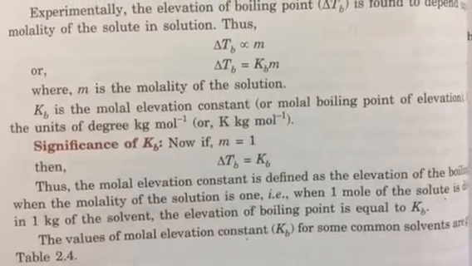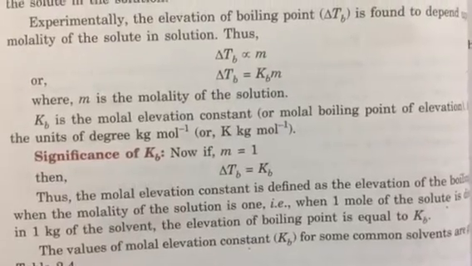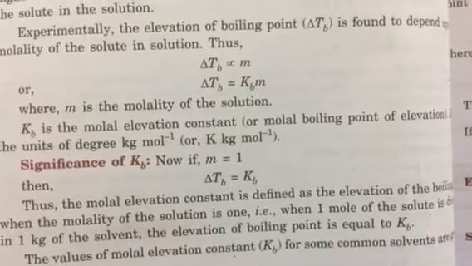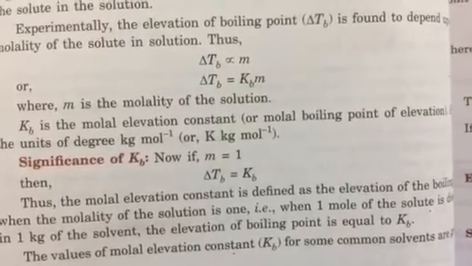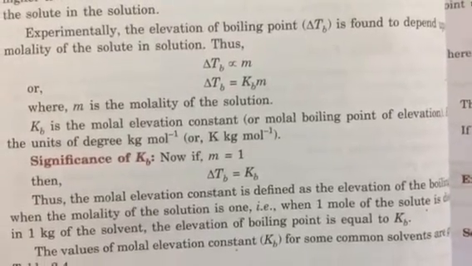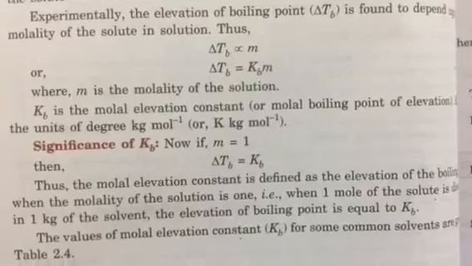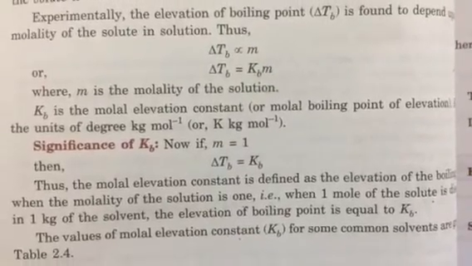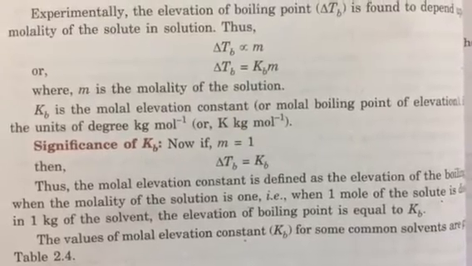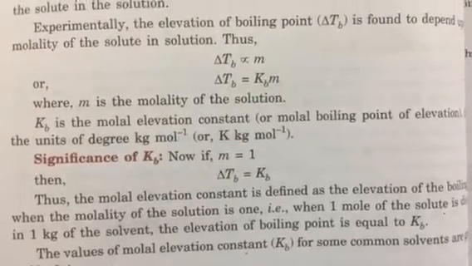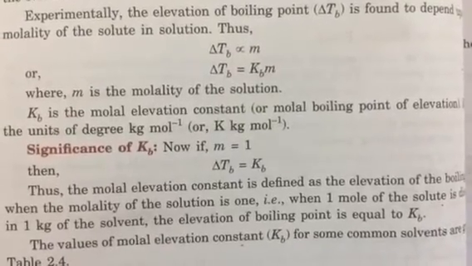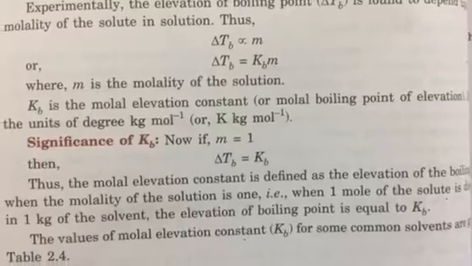In short, molality is the amount of moles dissolved per 1000 gram of the solvent. The directly proportional sign is substituted by a constant known as Kb, which is known as molar elevation constant. Now, molar elevation constant is going to be the same for a particular liquid at a particular temperature. If m is 1, then delta Tb becomes equal to Kb.